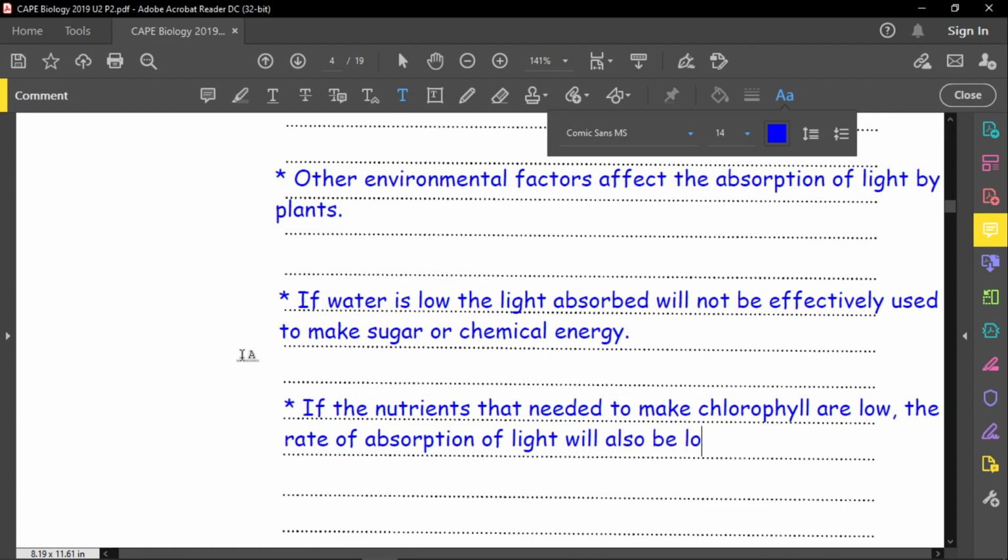So if the plant is not producing enough chlorophyll, then it will affect the rate of absorption of light as well. Because as plant leaves get older, in fact, they become less effective in absorbing light over a period of time, and that's why some leaves eventually turn yellow, if you notice it.